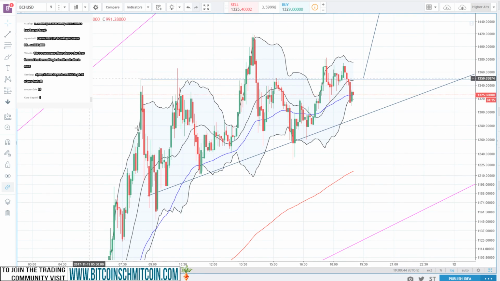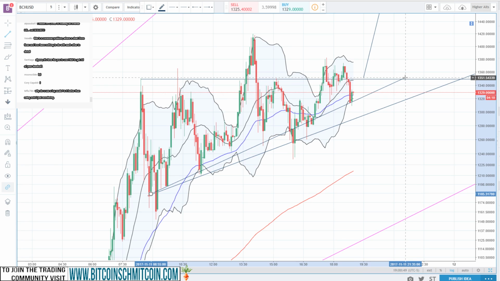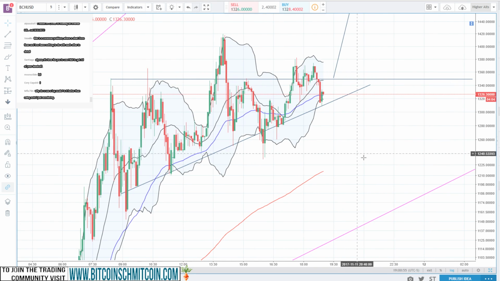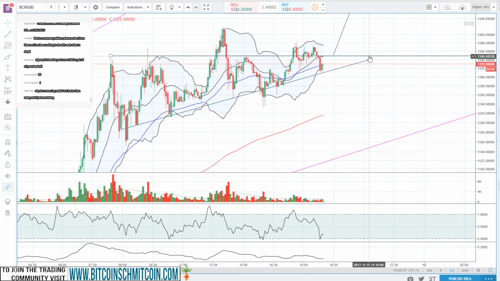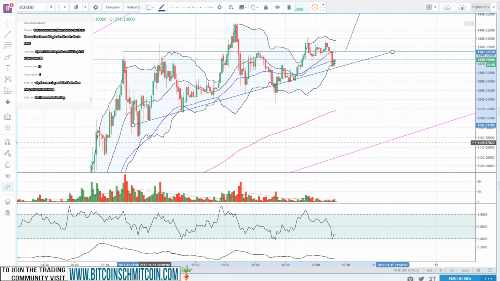So, something like this, maybe. Maybe that's more appropriate instead of this one, because overall, the volume is still consolidating throughout this pattern. Maybe something like that.